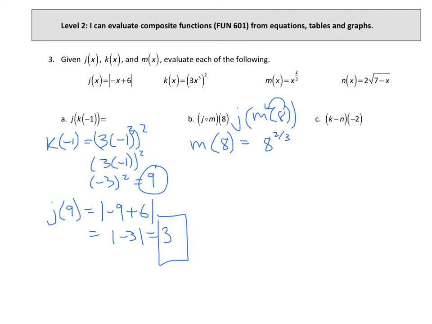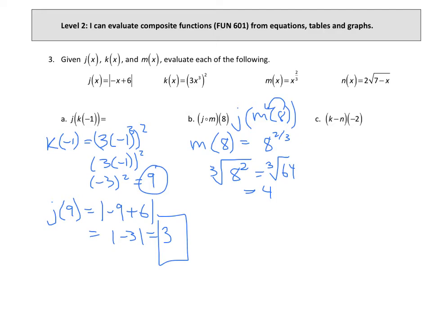Now remember, with rational exponents, your denominator is a radical. So this is a cube root of 8, and then the numerator is an exponent, so 8 squared. 8 to the second power is 64, so we get the cube root of 64, which is 4.